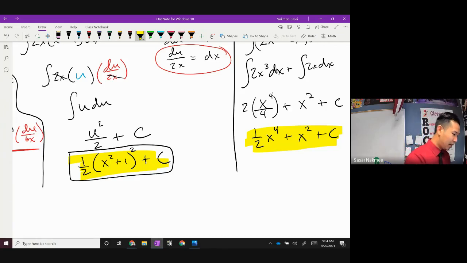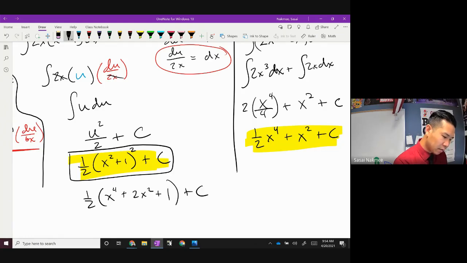We can simplify the one on the left, right? We can FOIL this out. If you FOIL this, it would be x to the 4th plus x squared plus x squared, which will be 2x squared, plus 1, plus c.